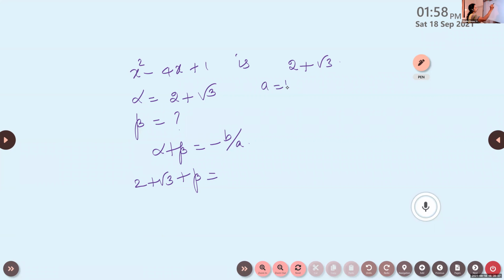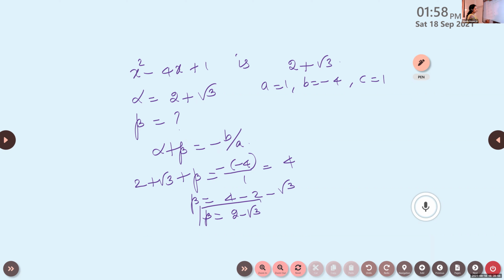Here a is 1, b is minus 4 and c is 1. Substituting, minus of minus 4 by 1 is 4. Therefore beta is 4 minus 2 minus root 3, so beta is 2 minus root 3.